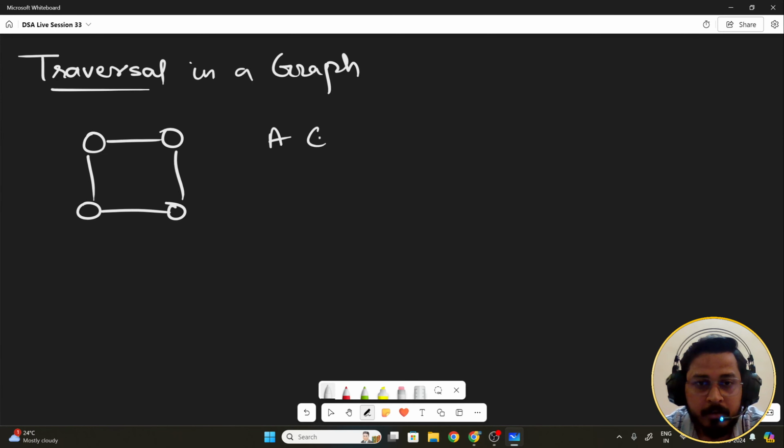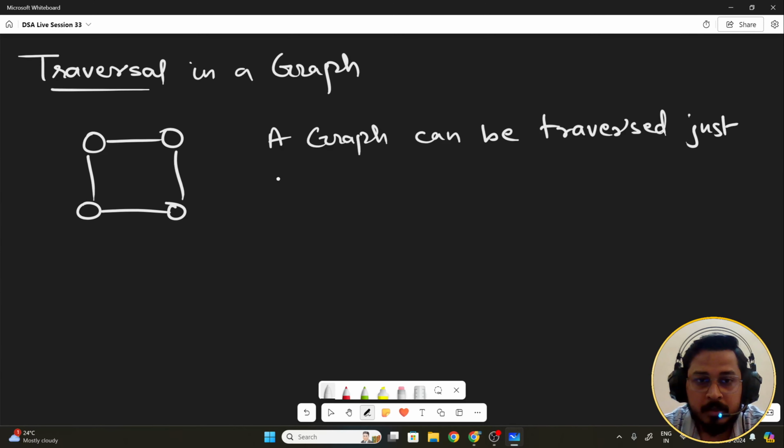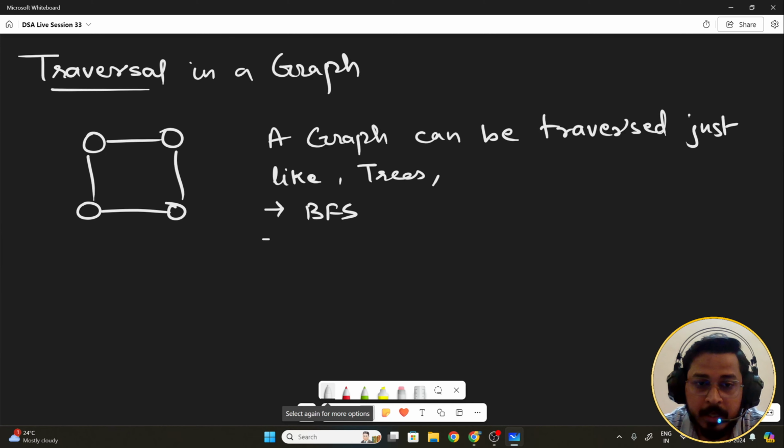A graph can be traversed just like trees. There are different graph traversal techniques. In graphs also you have both BFS and DFS. We will talk about this later on.